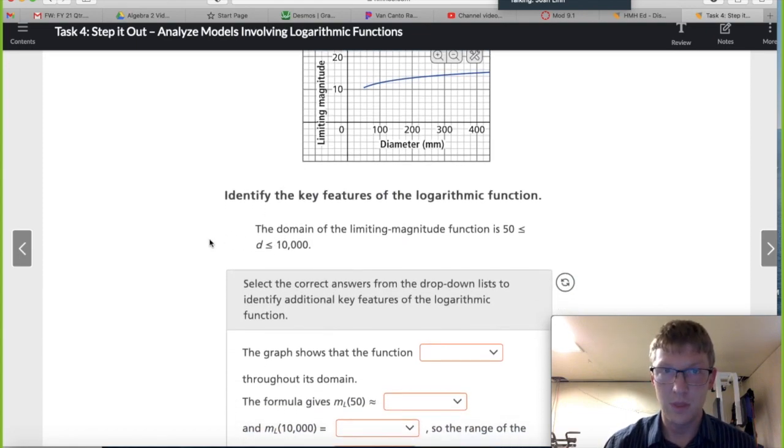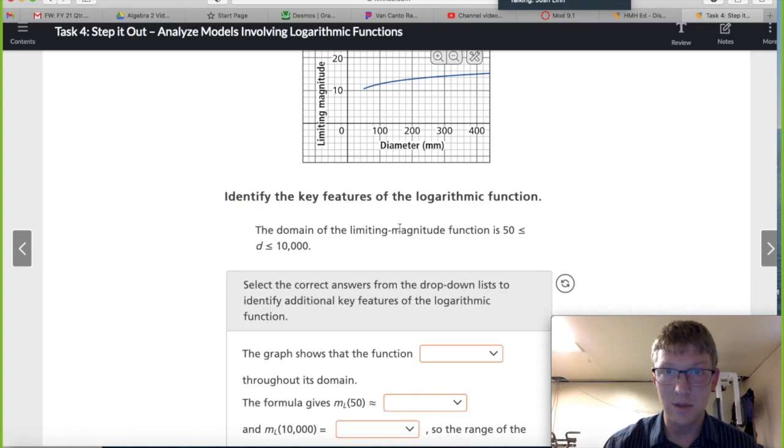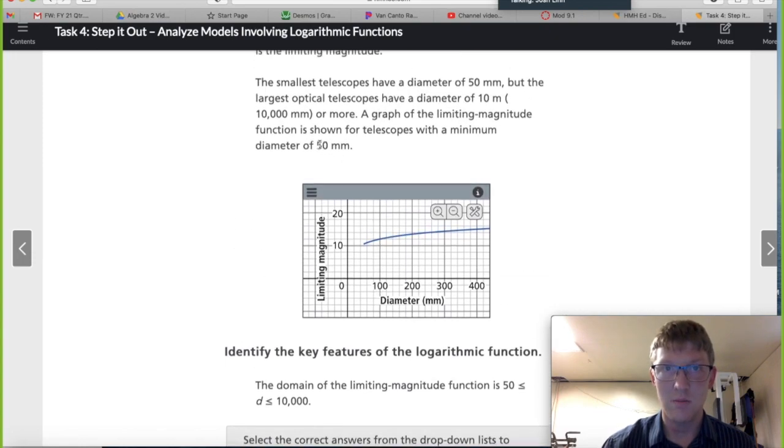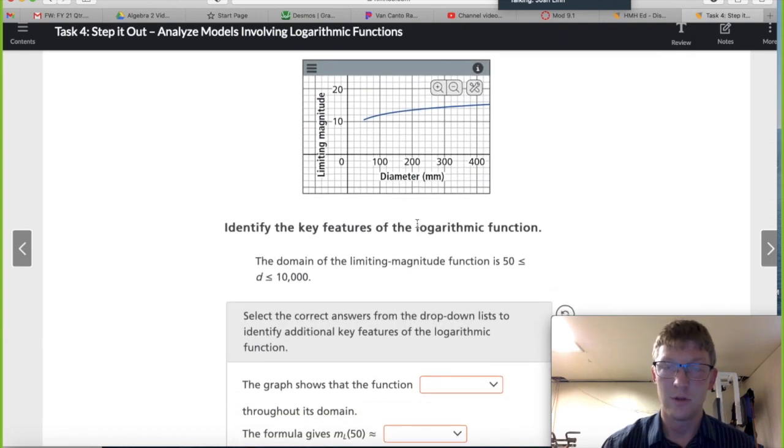So the domain of the limiting magnitude function is 50 to 10,000, and that's because our minimum is 50 millimeters, and our largest is 10,000 millimeters. So that's our limiting factor, limiting domain.